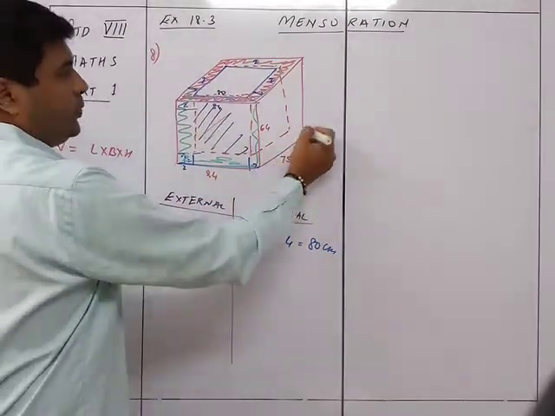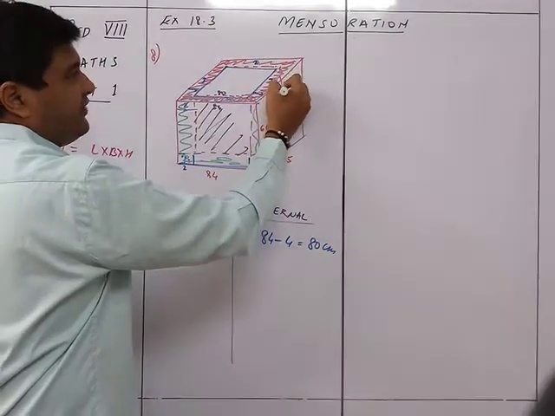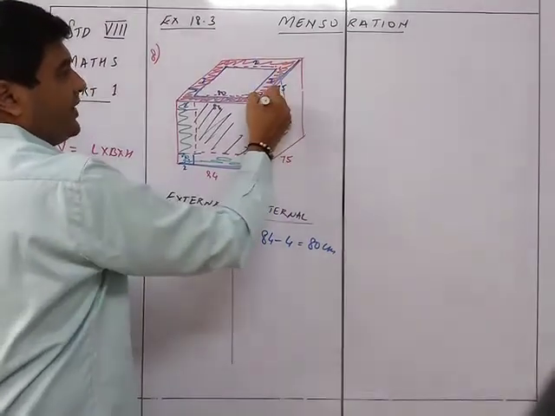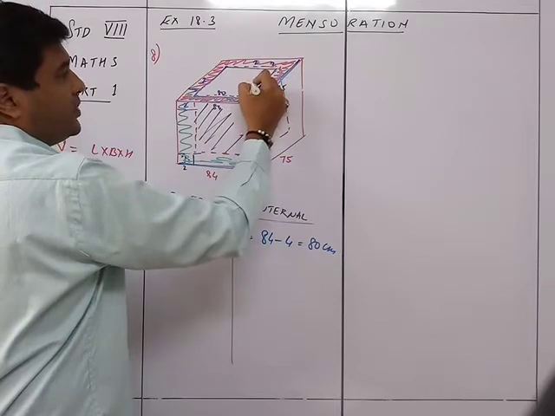Similarly, the width is 75, so this distance is 75. 2 goes from here, so it becomes 71.